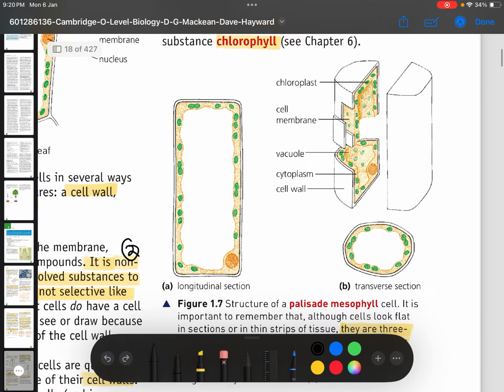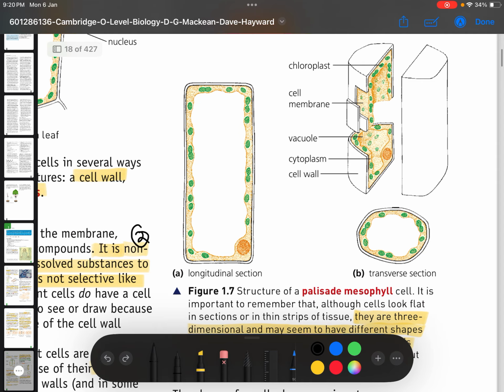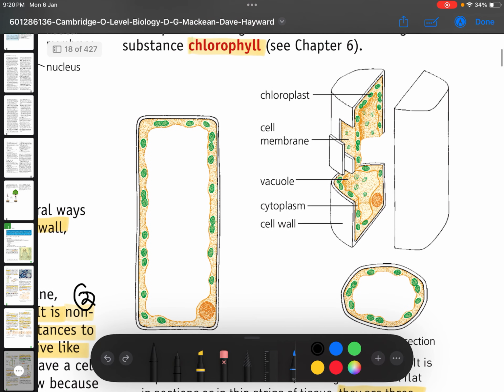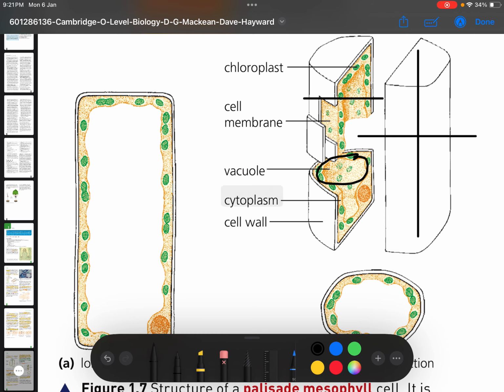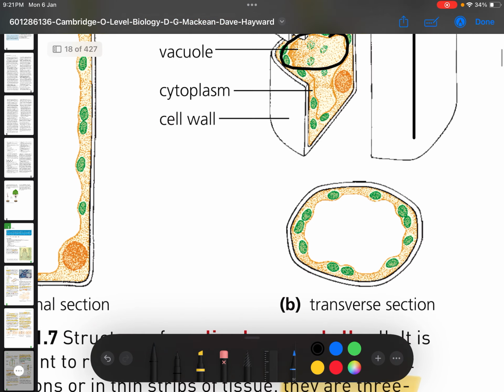As we discussed earlier, they have given two cut sections of a plant cell. There are two ways. One is a horizontal, or you could say a transverse section, and one is a longitudinal section, right? Now, if I take a transverse section out of here, I would be getting an image something like this, and that's exactly what they have shown here.